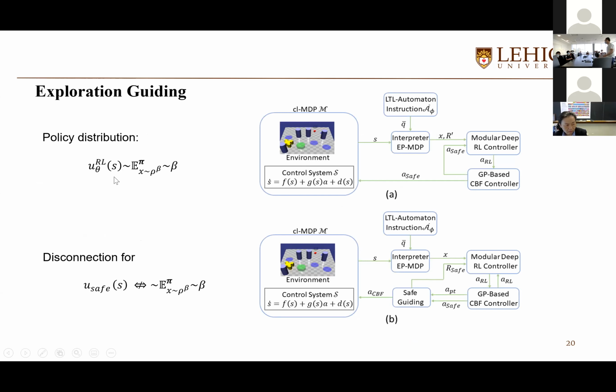So that's the issue for the exploration, which means if we directly apply this safe learning process, it will influence the exploration with respect to the original optimal solutions. So we improve it in figure B, where we provide feedback to the neural network using our control barrier function information so that the neural network will recognize which RL controllers are safe and which are not safe.